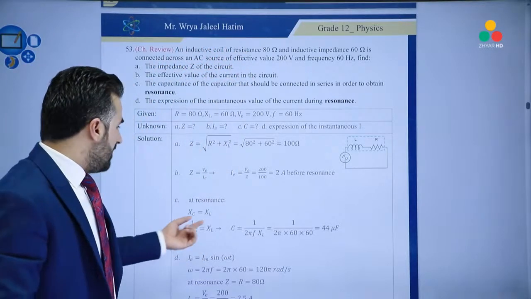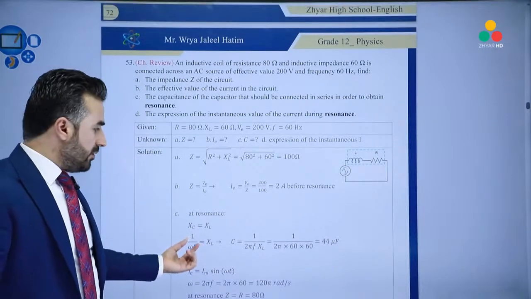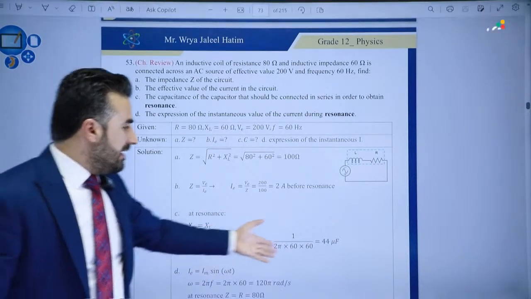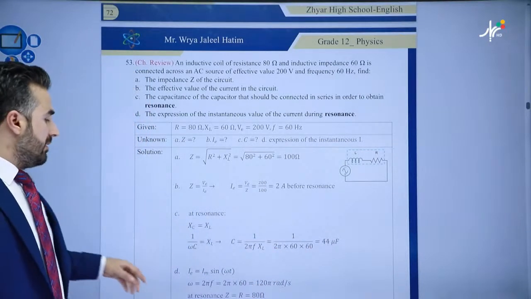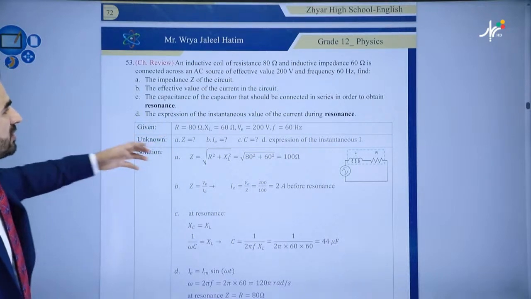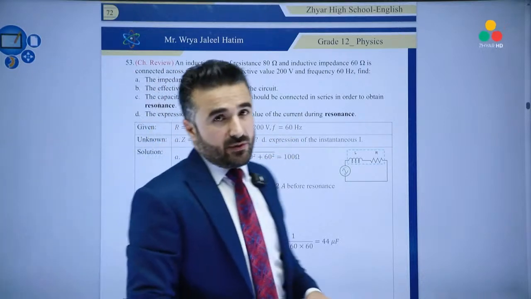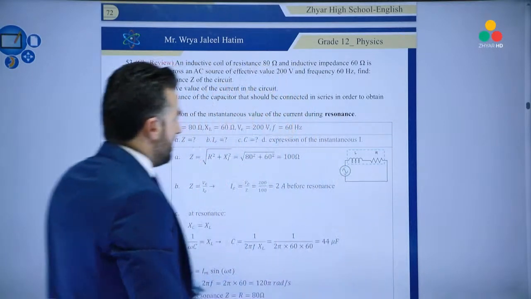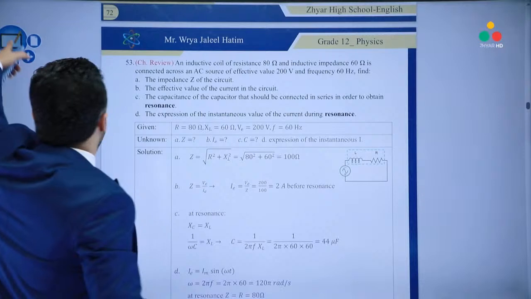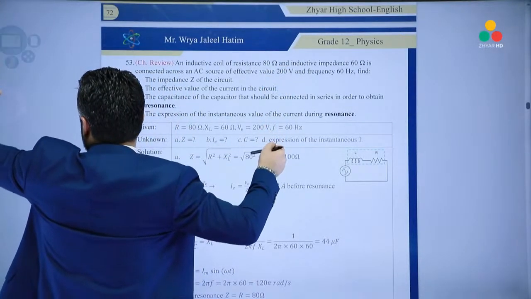You just keep this one and find the answer for it, or the frequency, and then you can easily find the frequency of the circuit. It also asks for the expression of the instantaneous value of the current during resonance. That is another very important part, guys. We do have the effective V of the circuit. Let's get this back.